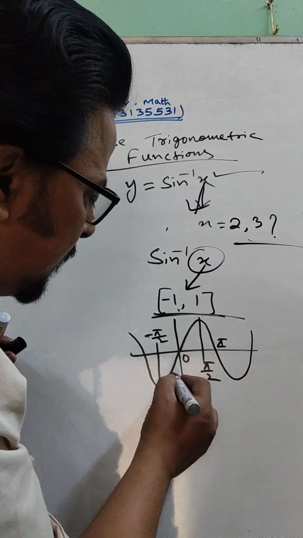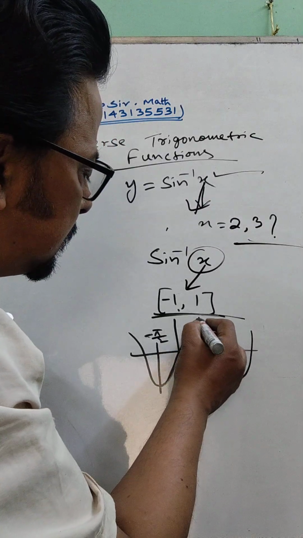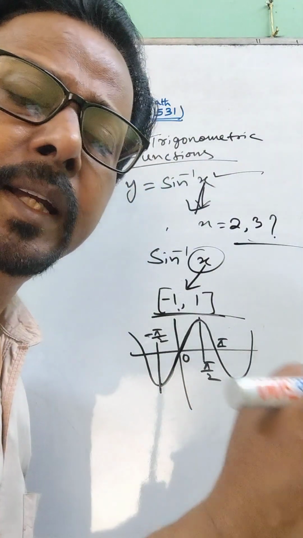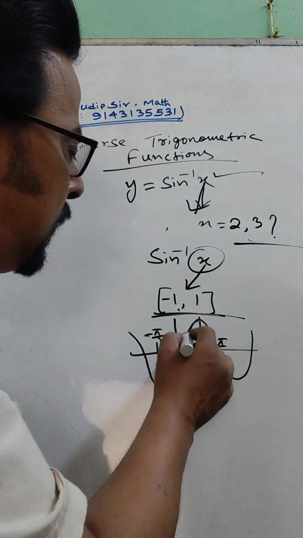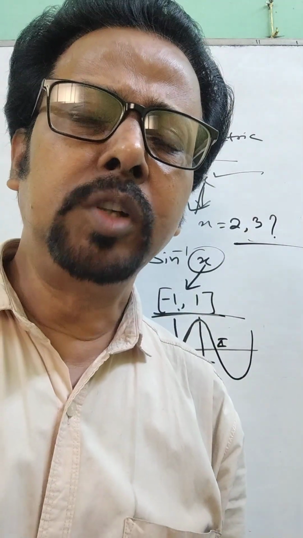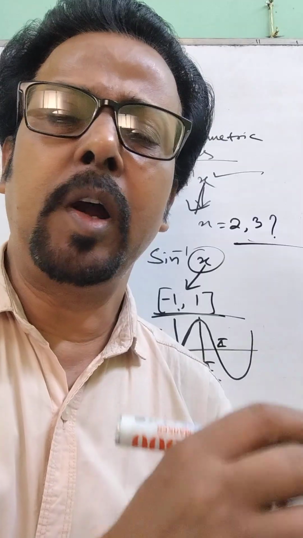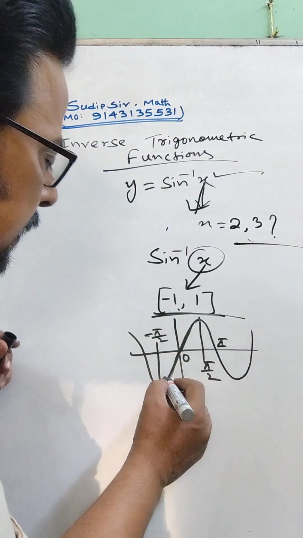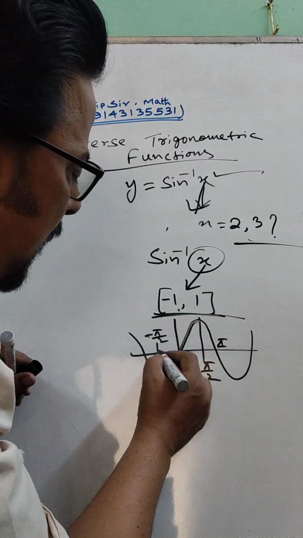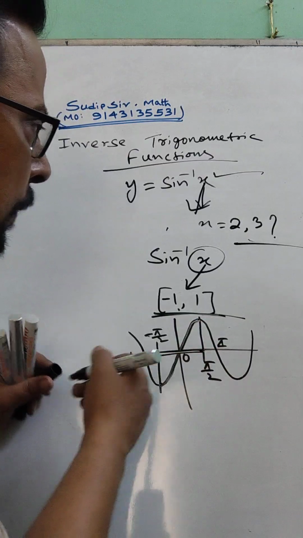Now in this region, sin x has an inverse, that is, it is one-one and onto. Otherwise, for the other part it may be many-one. So for it to be bijective, this portion will be its range and this portion will be the domain.